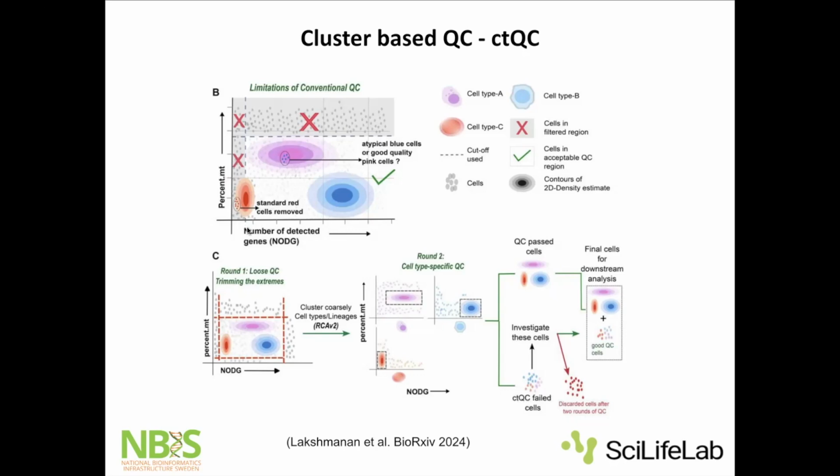So instead they do a very rough filtering, then clustering, and then for each cluster, they remove everything that's sort of outside of their main distributions. But then also some extra round of QC, and then select a set of good quality cells.